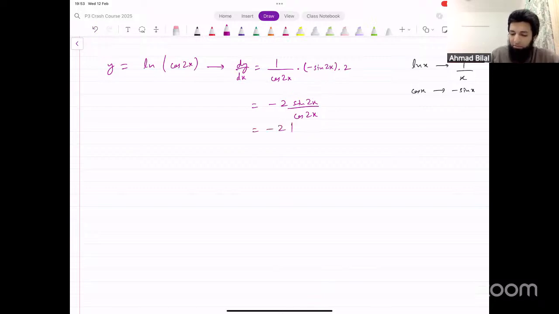So this is how far you can simplify it if you need to. Minus 2 tan 2x. That's the derivative we're getting. But that will depend on what they require in the question. If they want you to convert something to tan, you would do that.